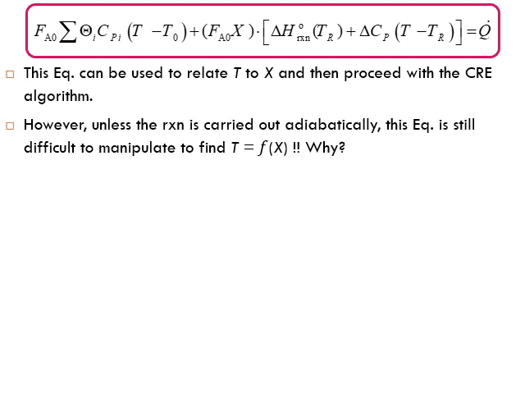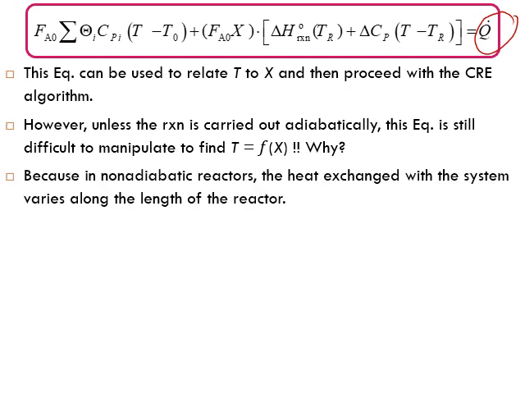However, unless the reaction is carried out adiabatically, this equation is still difficult to manipulate to find T as a function of X. Why is that? Well, basically because we have T here, and it will be difficult to solve for T, because in non-adiabatic reactors, the heat exchange with the system varies along the length of the reactor.